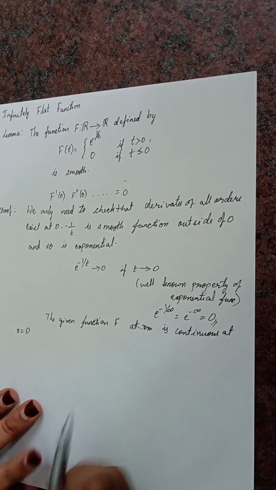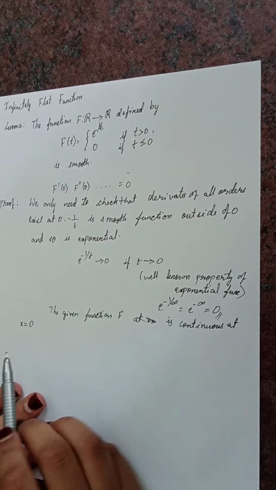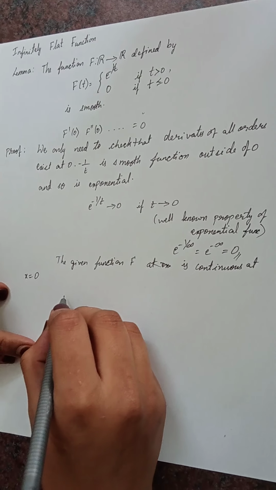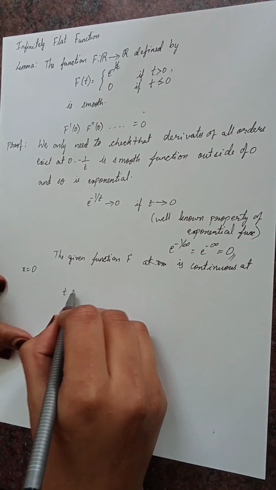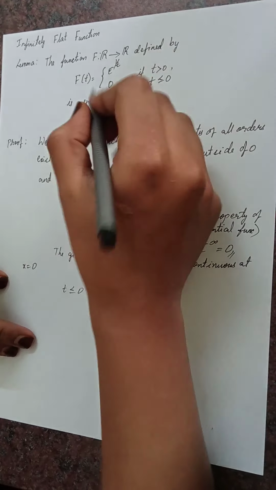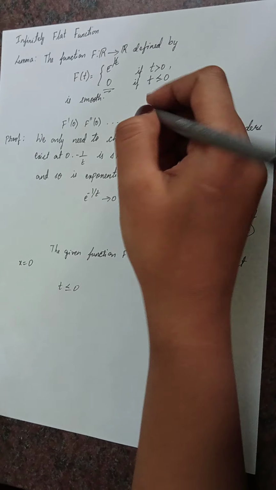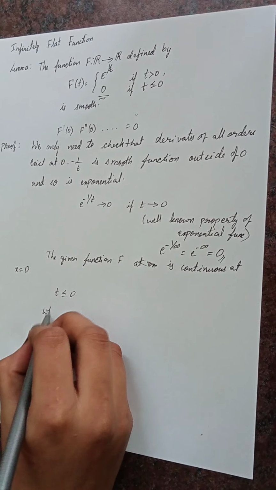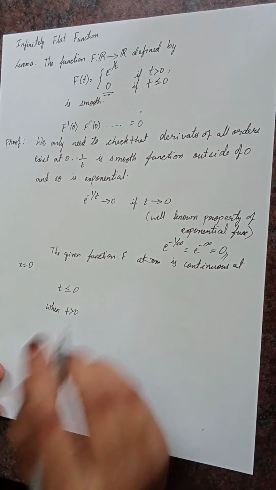Now we have to only check whether f is differentiable or not at the origin. We need not prove that f is differentiable when t is less than or equal to 0 because it's an obvious case; we have assumed it in such a form. Now we have to only check when t is greater than 0 whether f is differentiable or not.